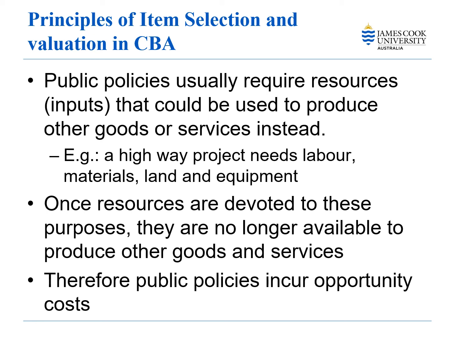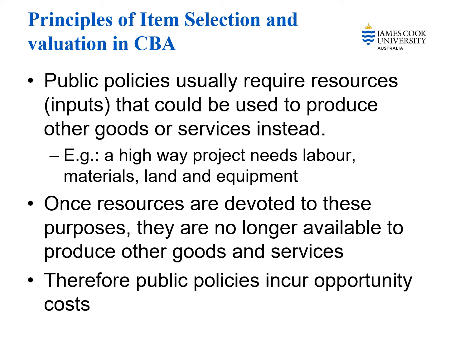All right. So public policies usually require resources that could be used to produce other goods or services. For example, a highway project needs labor, materials, land, and equipment. Once these resources are devoted to the project, they are no longer available for other purposes.